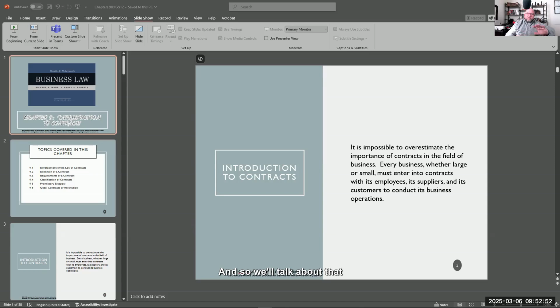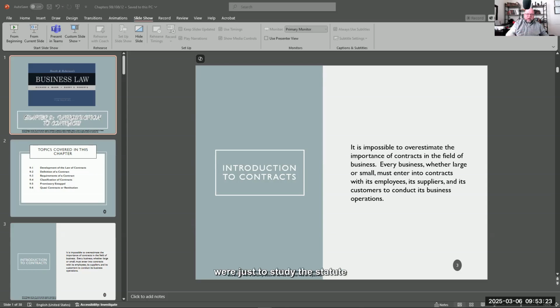All those little pieces go into contracts and how the contracts are negotiated. And so we'll talk about that over the course of these 3 chapters we're covering today. And then hopefully you'll have a better understanding of just the beginning phase of contracts. And then when we go over chapter 15 and tie it into specifically that sale of goods and the statute of frauds, you'll be able to tie in more the understanding you get from these first three chapters we cover into that, and it'll make more sense.